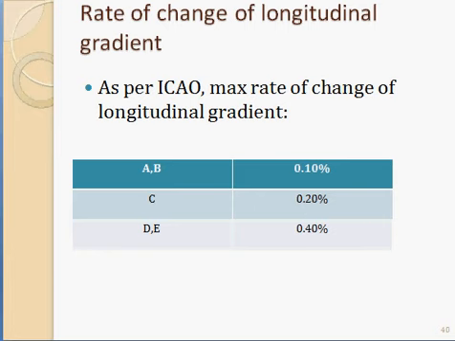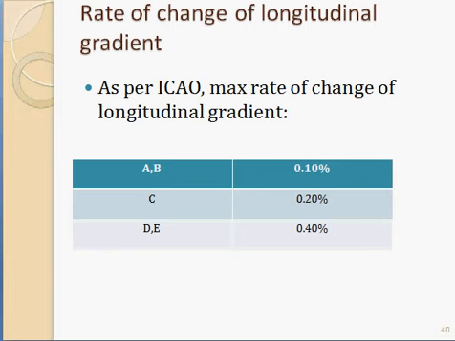In order to avoid such difficulties, we restrict the values for this rate of change of longitudinal gradient.